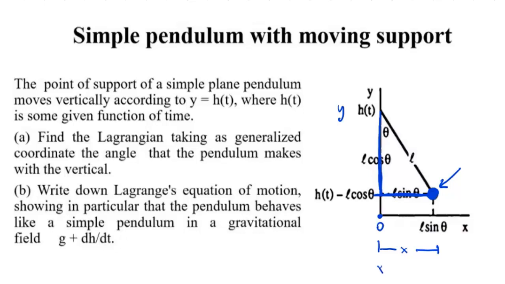We have here a right triangle, and this is the opposite side, so x is equal to L sine of theta. So that's easy, right? This is the adjacent side, the vertical side, and this is y.